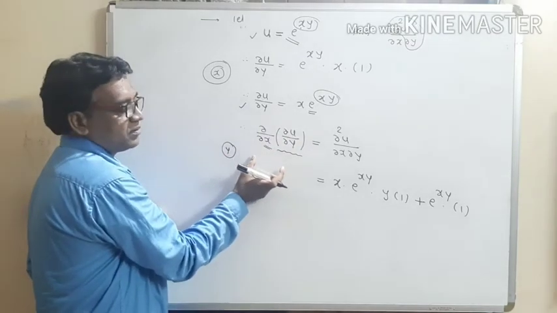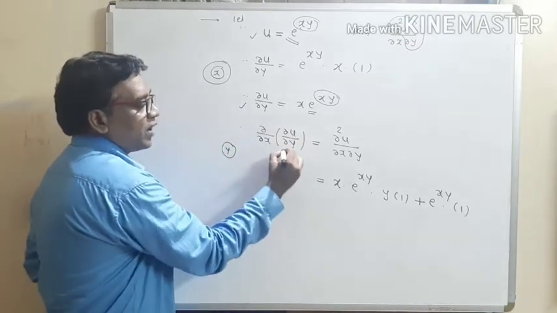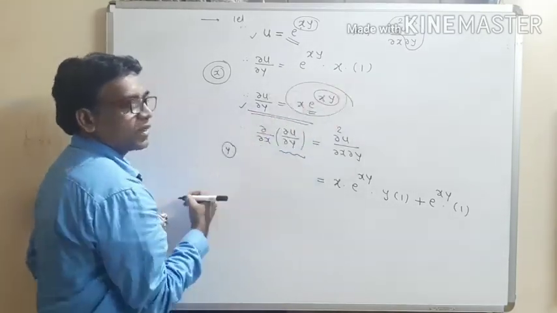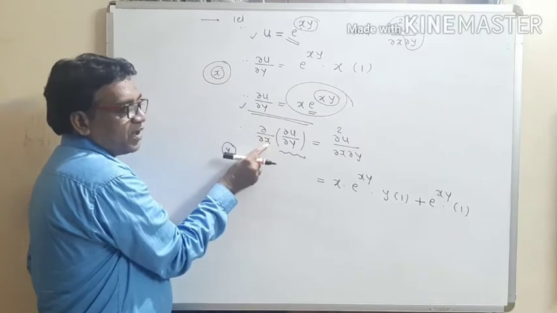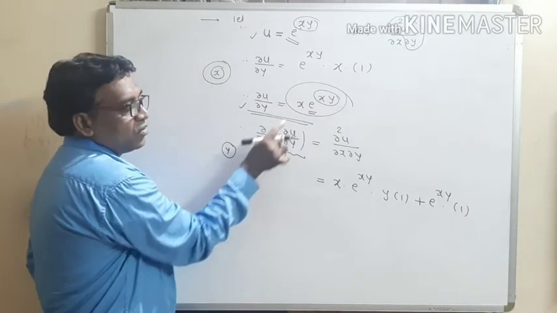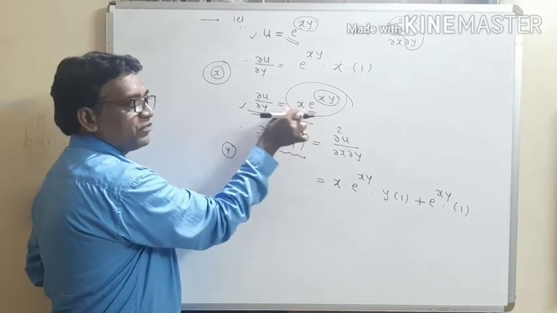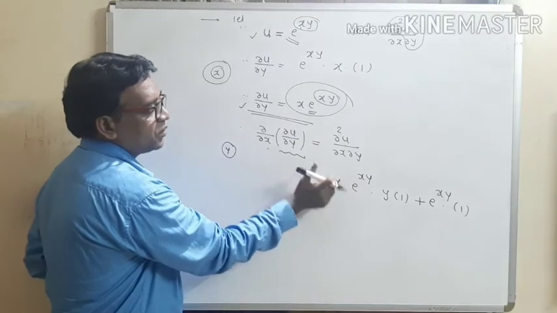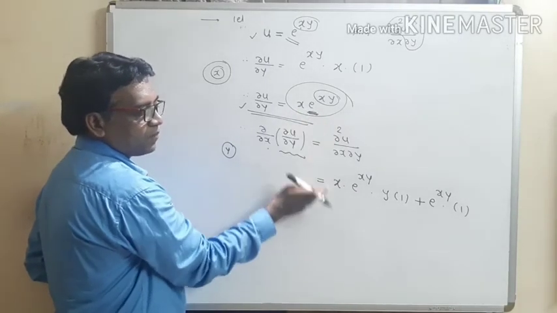How to find out this derivative? We have to find out derivative of this term ∂u/∂y, this is our required term, partially with respect to x. So just we have to find out derivative of x only. So these are the function of x again. So we have to use the product formula. First term as it is x into derivative of this second term.